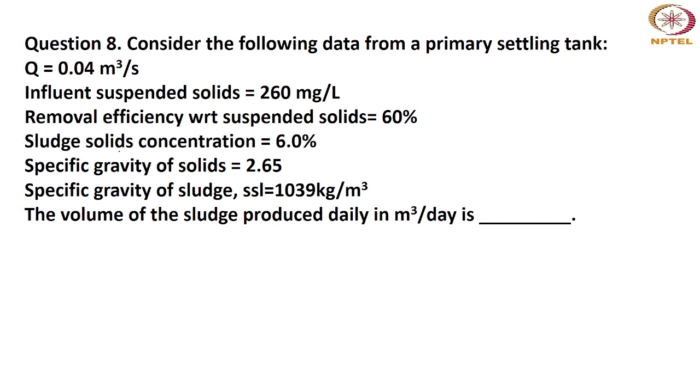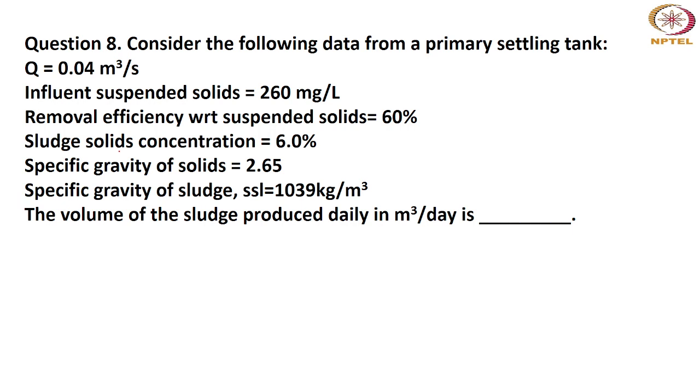Then this is a numerical type question. Consider the following data from a primary settling tank. Flow rate equals 0.04 meter cube per second. Influent suspended solids 260 mg per liter.